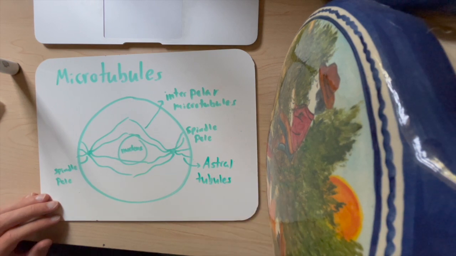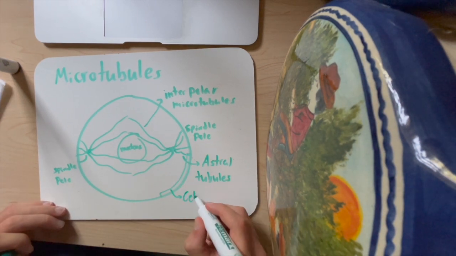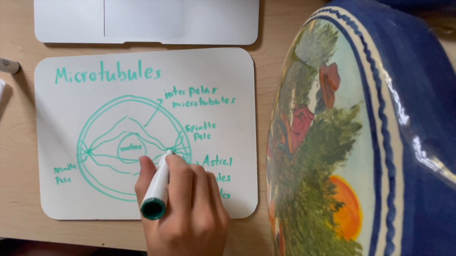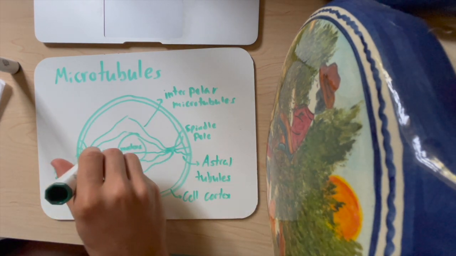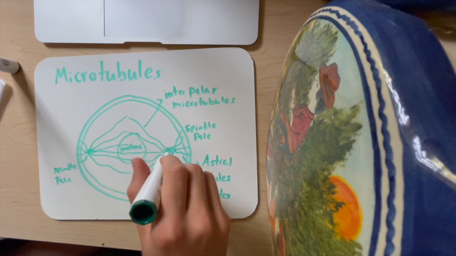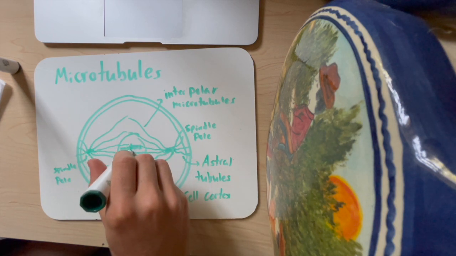The second type are astromicrotubules, which interact with the cell's cortex and position the spindle. A cell's cortex is a protein-rich layer of cytoplasm on the inside membrane of the cell.